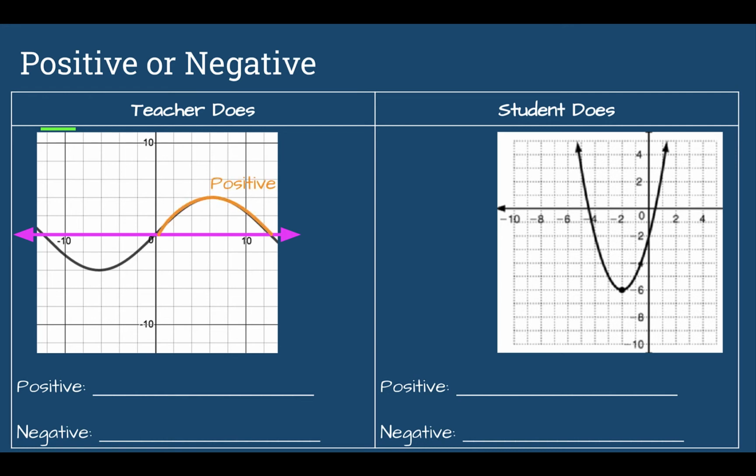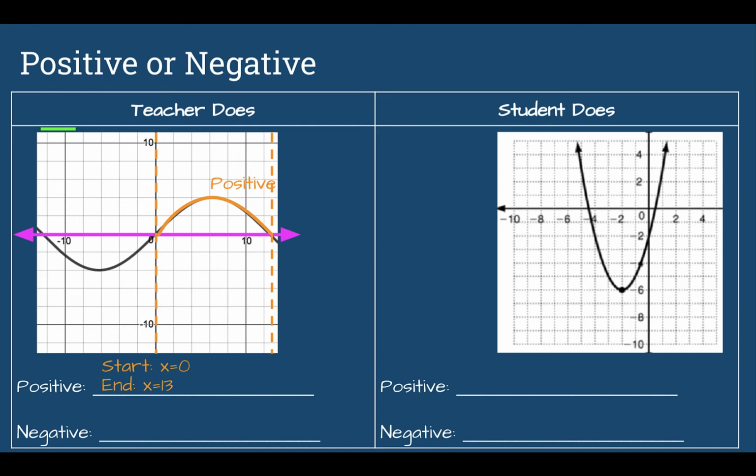So positive is just that part that's above the line. I want to know when is it positive. So it starts at x equals 0. That's when it is now above the axis. It stays above until about that point, which is around x equals 13. So we'll say that it ends at x equals 13.